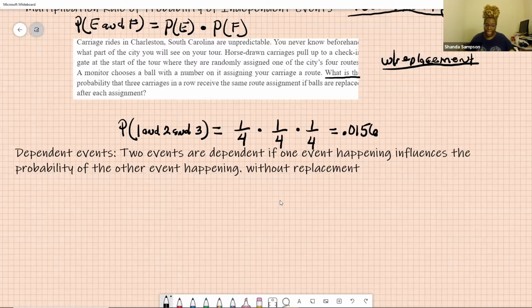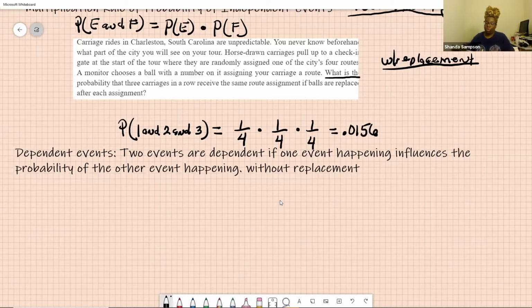Hopefully that makes sense. So we call this conditional probability, because your condition is based on what you did the first time.